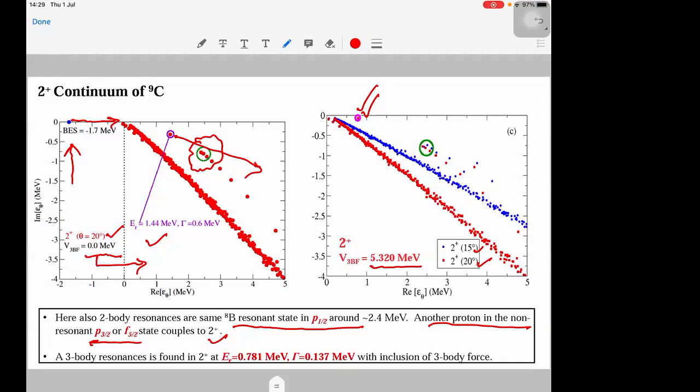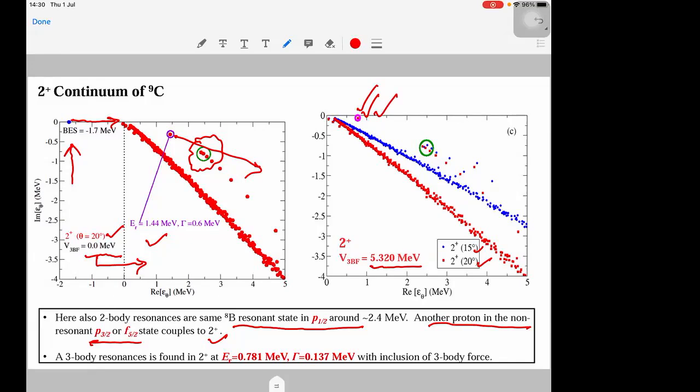And with this choice of three body force strength, the higher lying or the second three body resonance moves to higher energy side.